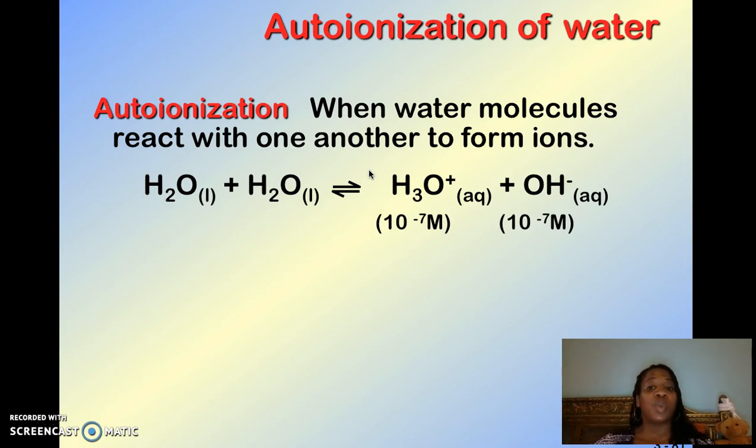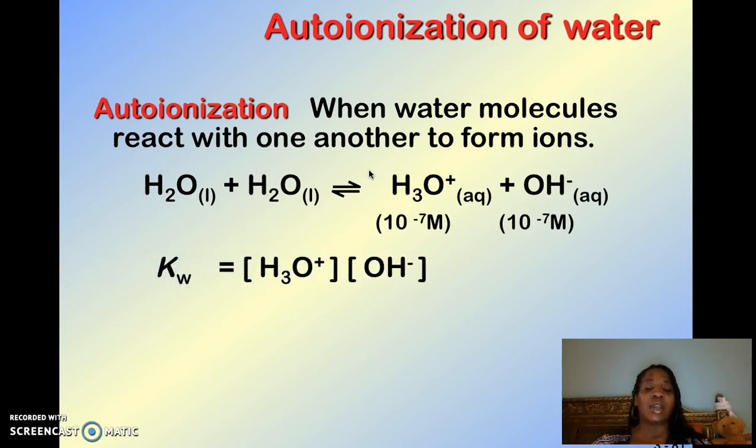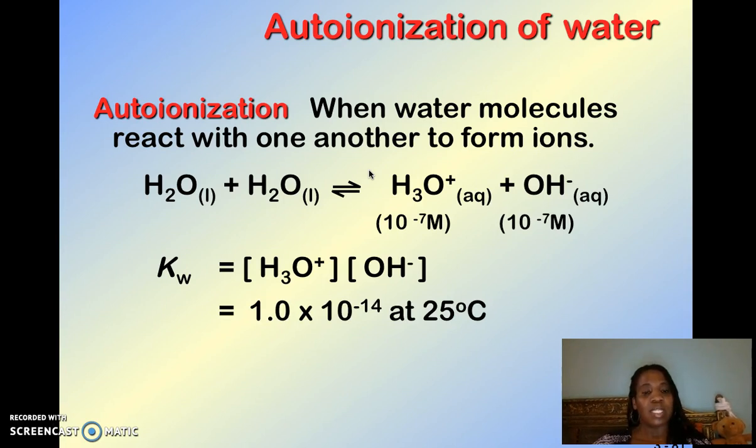This happens in very small quantities, such that in pure water you have a 10 to the negative 7 concentration of hydronium ion, which is hydrogen ion, and a 10 to the minus 7 concentration of hydroxide ions. So the K value, which is what we call the ionic product for water, is the product of those two, which is going to give you 10 to the negative 14 at 25 degrees Celsius.